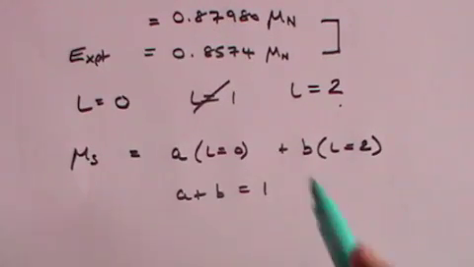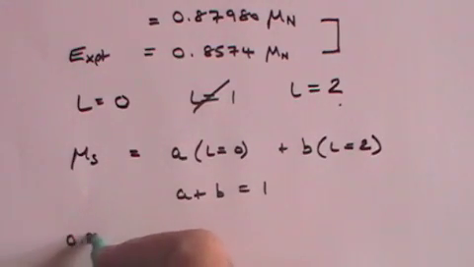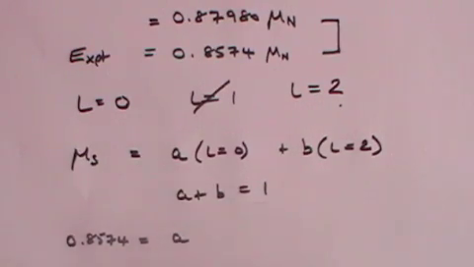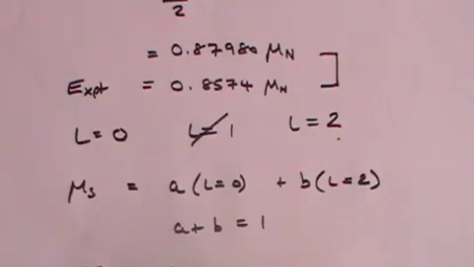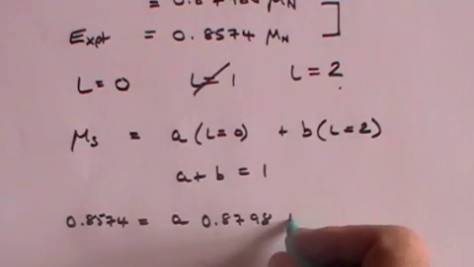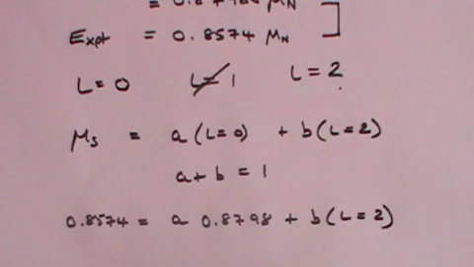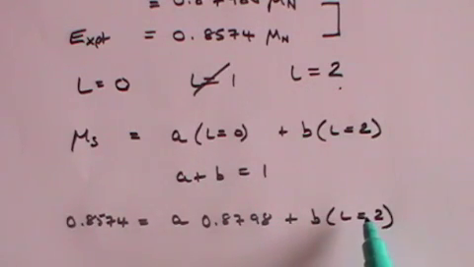So effectively what you're saying is that the experimentally measured value, 0.8574, is going to be equal to A times the L equals 0 predicted value, 0.8798, plus B times the L equals 2 value. That gives us two equations, A plus B equals 1, and this equation here with two unknowns.